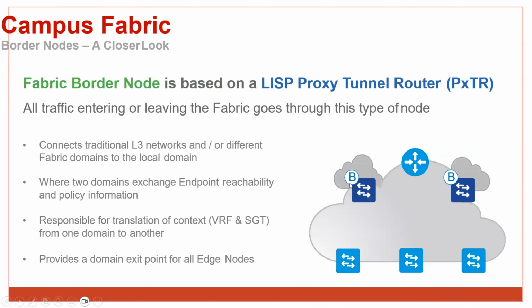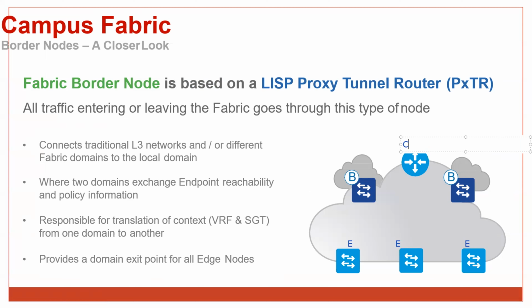Bottom one is the edge. Overall, the role of the devices is like this: this is the control, these are the border, and these are the edge. You will see later on in Cisco DNA that they are defined as E, edge nodes, and C, control nodes.